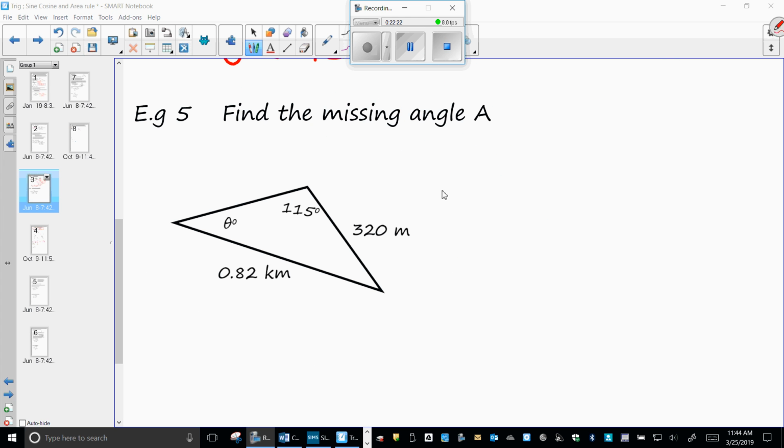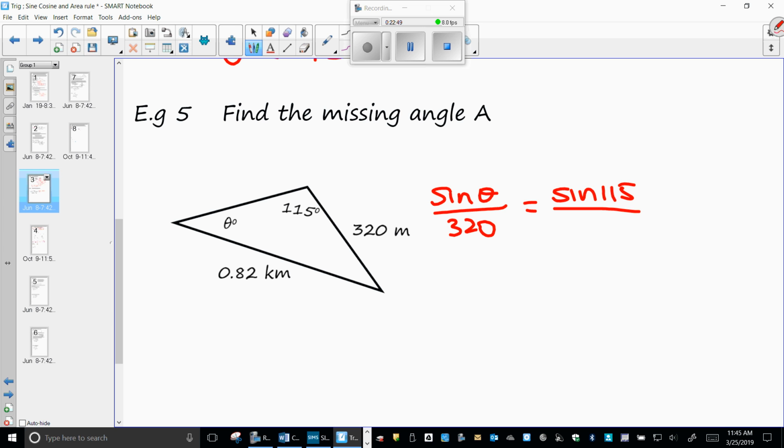Right, okay, so find this missing angle. Any suggestions what we would write? Sine theta, let's start with sine theta over 320 equals sine 115 over 0.82. Units. Why did we start pausing at 0.82?